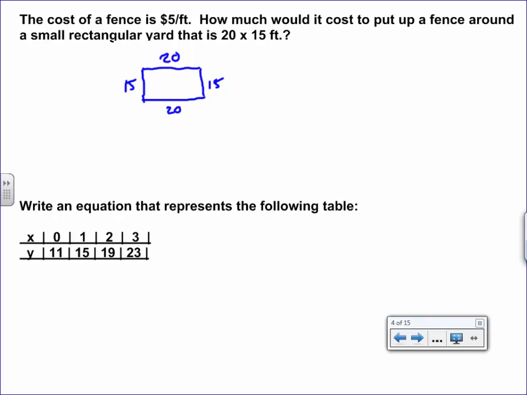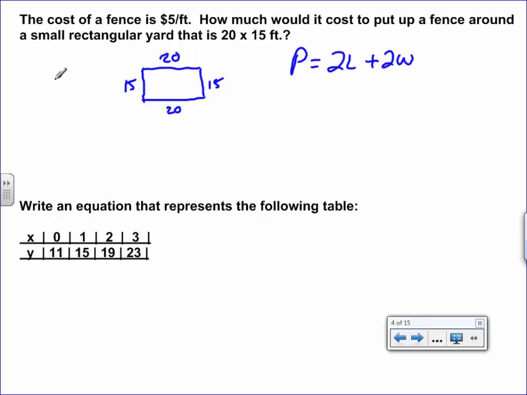And if you're putting up a fence around something, that is the perimeter. If you remember the formula for perimeter, perimeter is equal to 2 times the length plus 2 times the width. So you want to find the total feet. You could just add all the sides together or plug them into this formula.